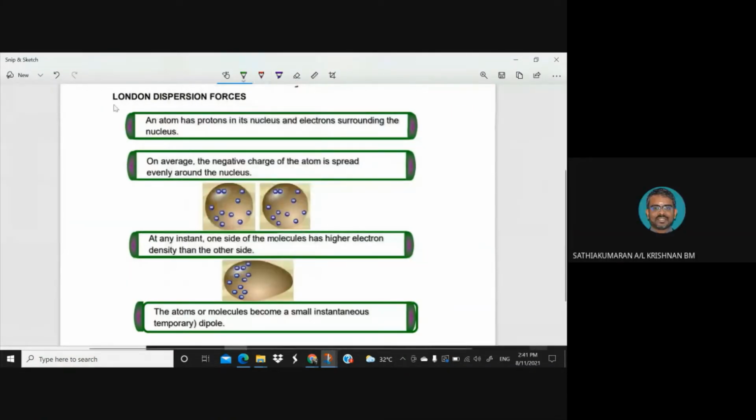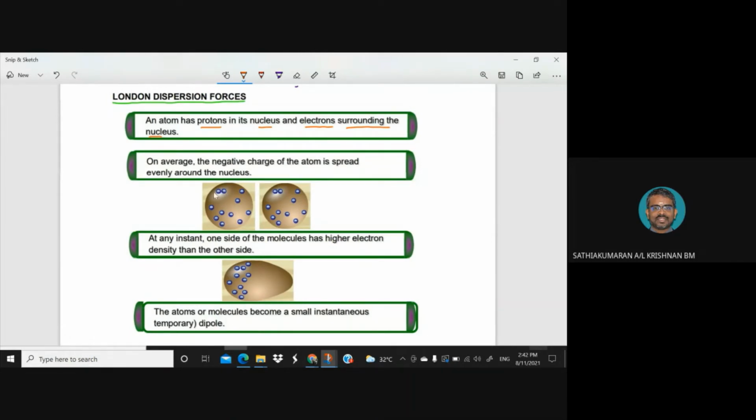Now we want to discuss London dispersion forces. An atom has protons in its nucleus and electrons surrounding the nucleus. So this is the basic fundamental structure of the atom. I think everyone already knew about it. In the nucleus, we got proton and neutron and the electrons surrounding the nucleus.